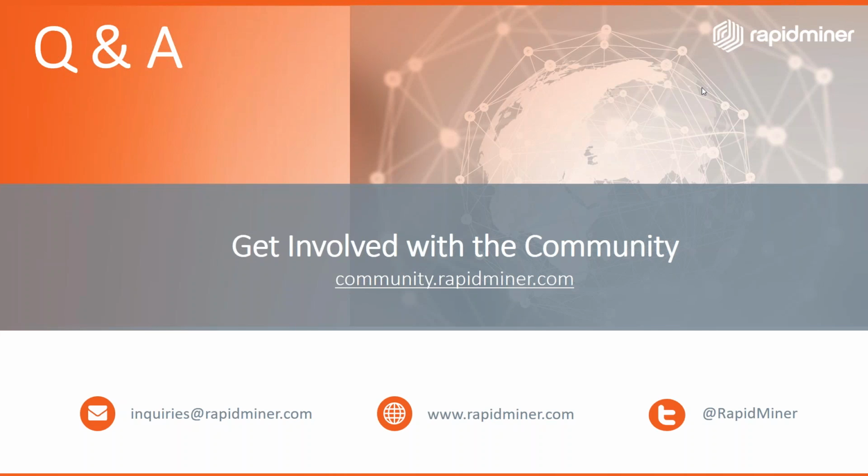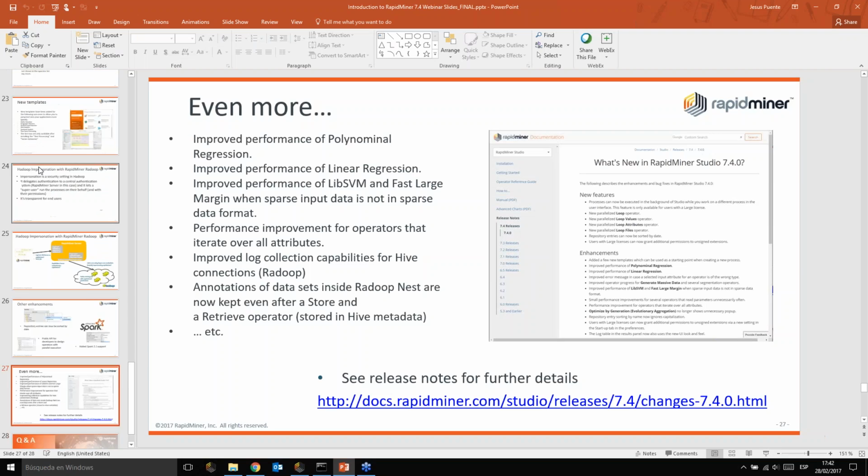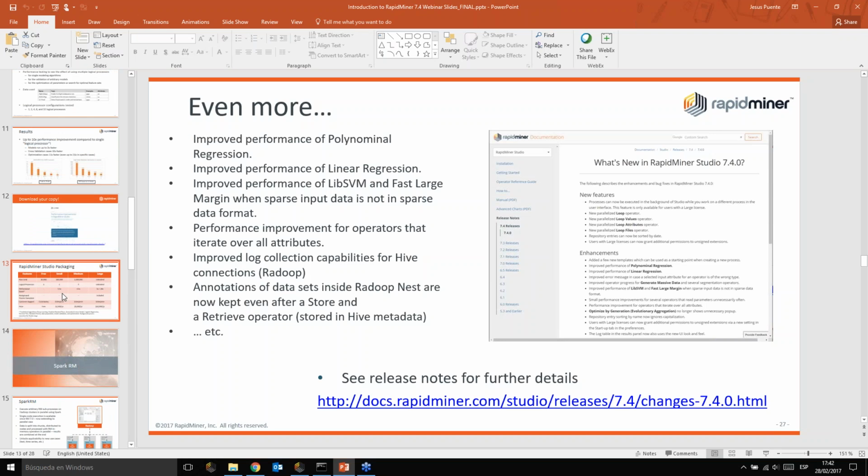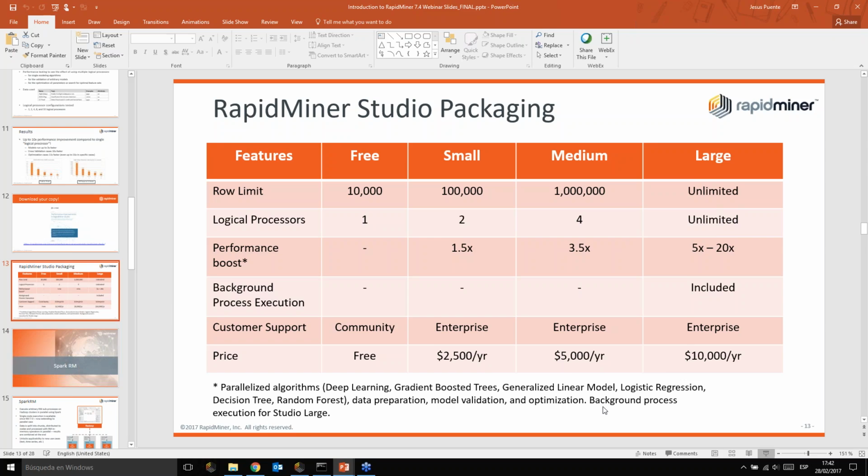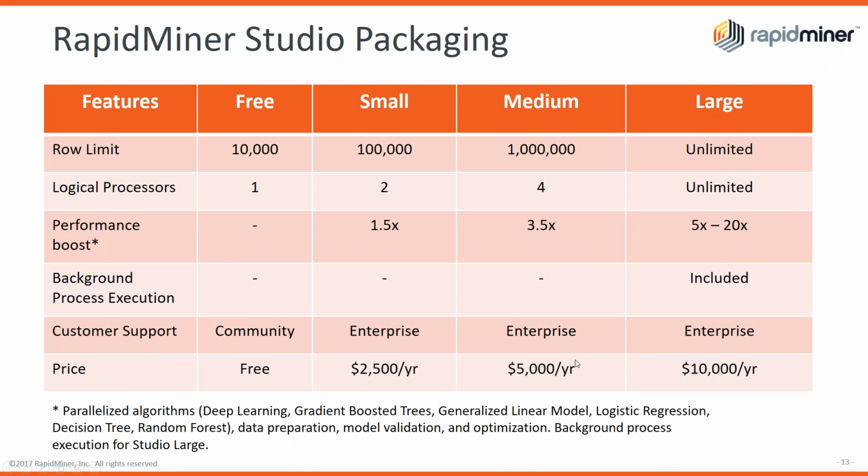The first question was, what kind of license do you need to take advantage of the speed features? Lars, can you address that one? Yes. Jesus, to show one of the slides here with a table showing the different editions of RapidMiner Studio and what kind of support we have there. As you can see in this table, the free version uses one logical processor, so it does not really take advantage of the multi-process execution.